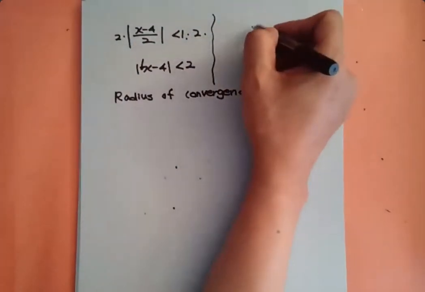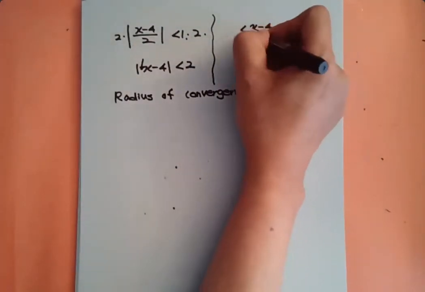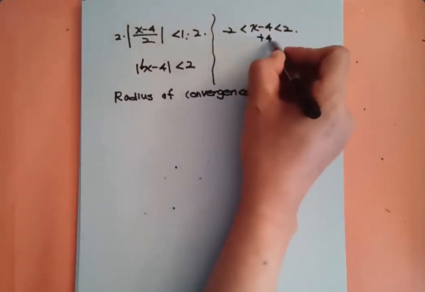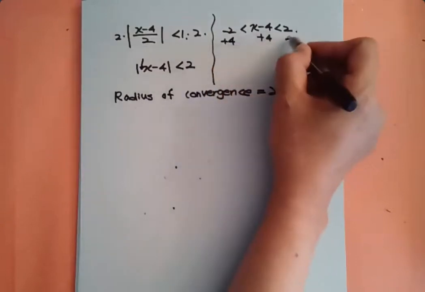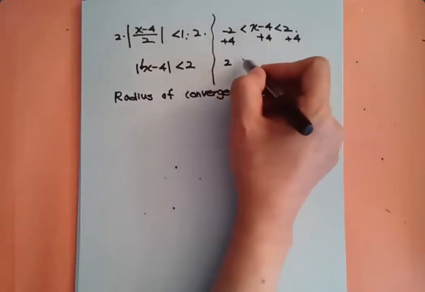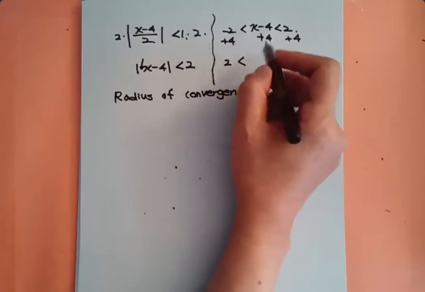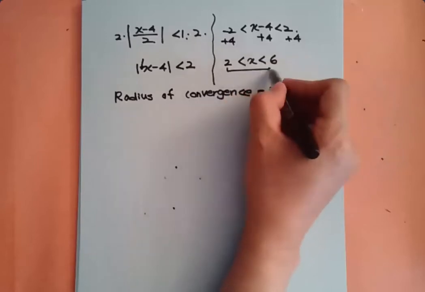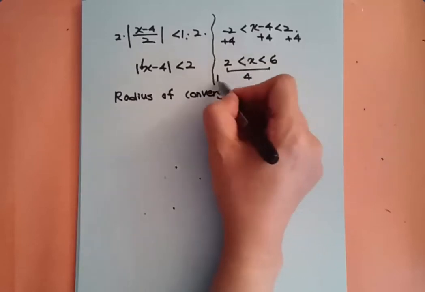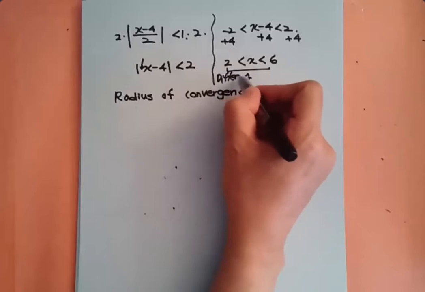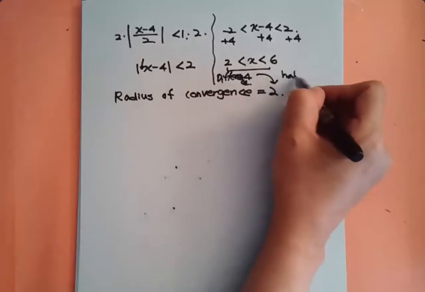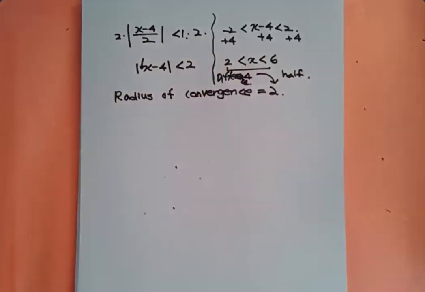But if you want to solve the inequality, then you can solve like this, and we add 4 on each side. And so x ranges between 2 and 6. And so the difference is 4. And the half of that is 2. That is the radius of convergence.